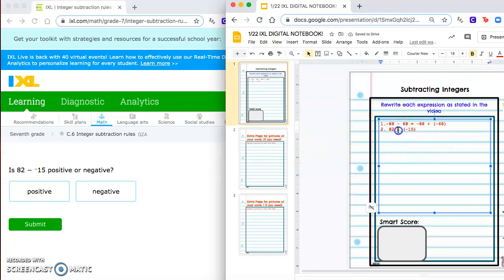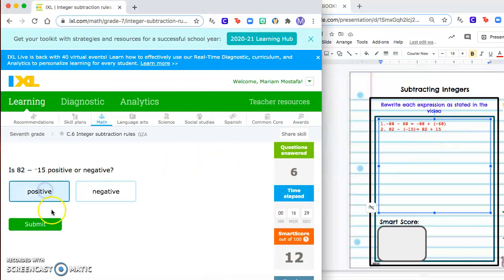It's a good habit whenever you have 2 operations next to each other, so you don't forget it. So 82 minus -15 is the same as 82 plus 15, because you are removing the negative from the 15, which means you would have a positive. And you're just going to keep doing that.